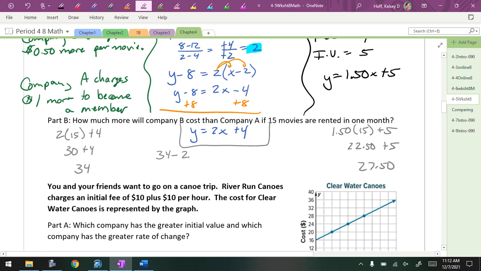Yep. So Company B charges more. How much more? $6.50? Is that right? So really your answer is $6.50 more.